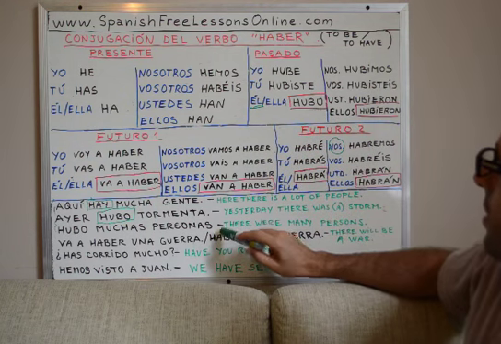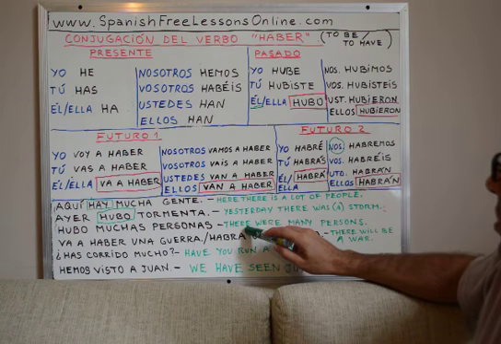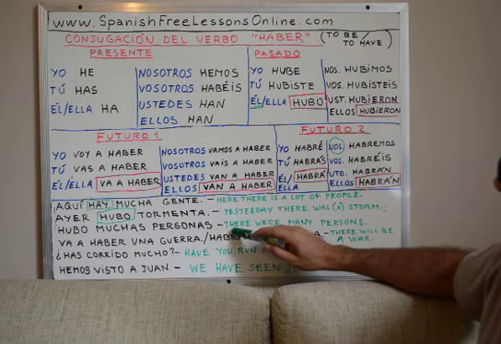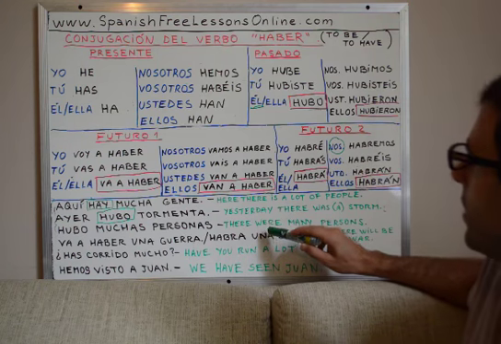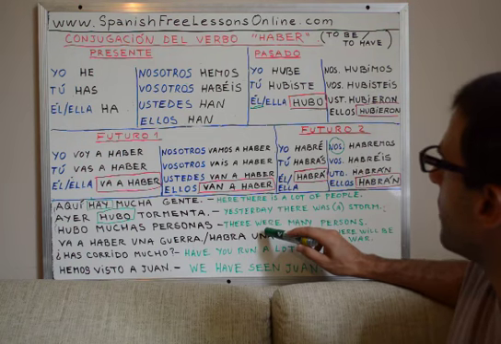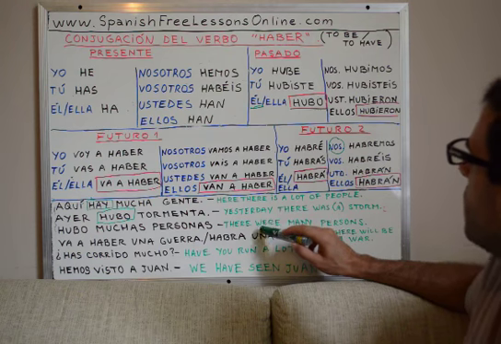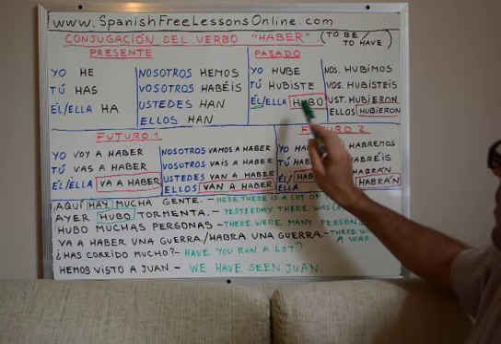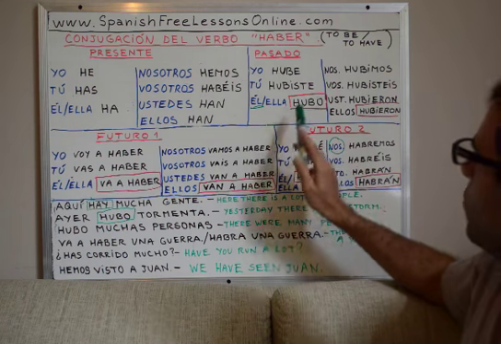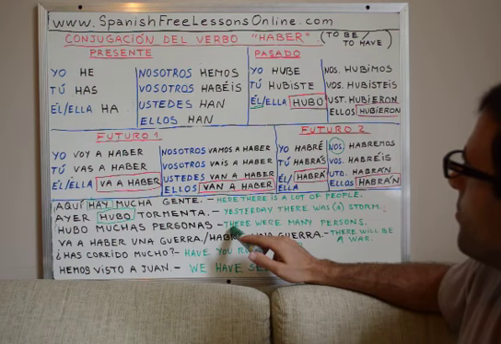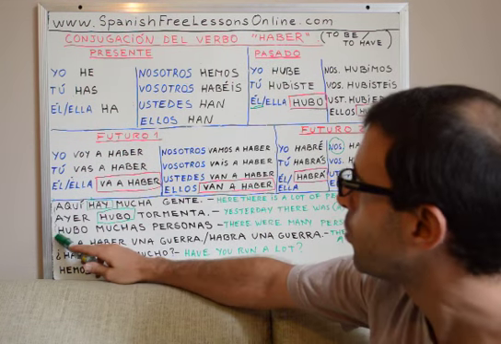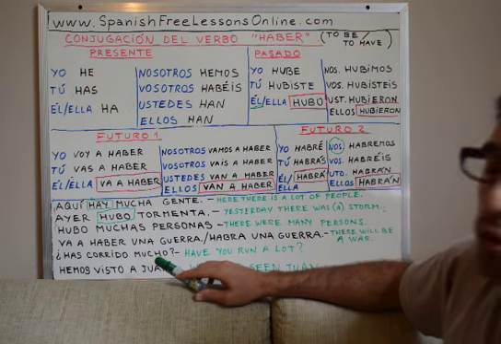Here I have translated it as there were, sorry. I translated it like there were, instead of saying there was, as it would be here. Hubo would literally mean there was.